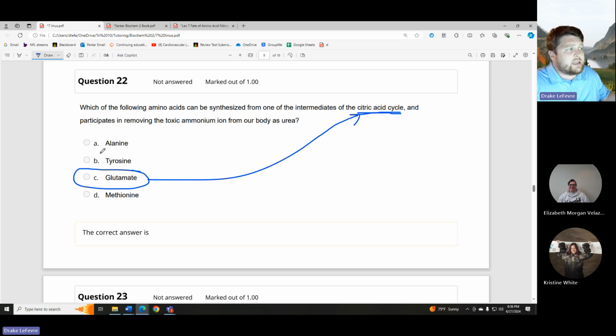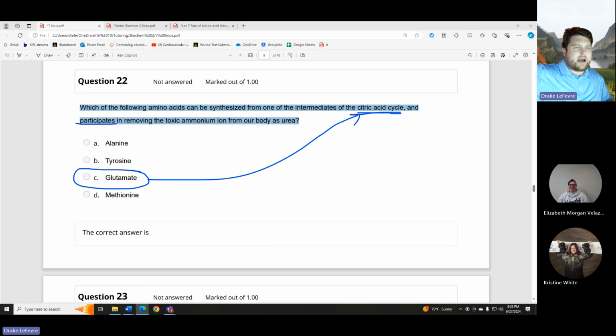While alanine is technically correct that it does participate, it doesn't have the connection to the citric acid cycle itself, even though it comes from the pyruvate from the skeletal muscle and stuff. Let's dive deeper into the question and see. I don't believe alanine.